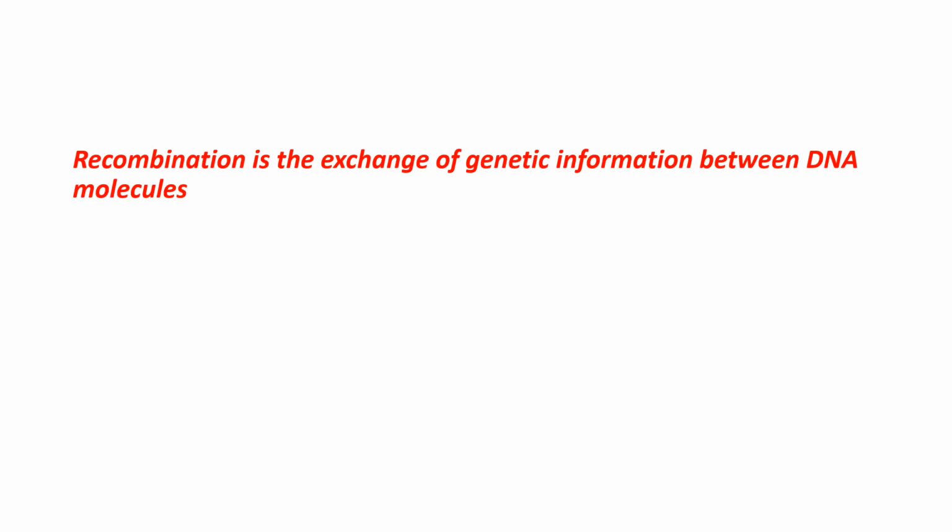Now, when we talk about models of homologous recombination, before we do the double strand break repair model, which will be the next video, in this video we will learn the Holliday model. The Holliday model is a very important model in homologous recombination.